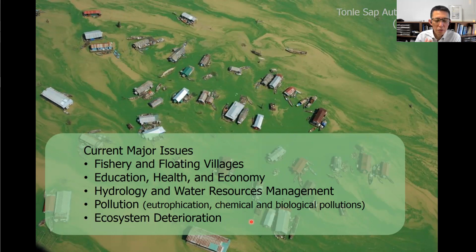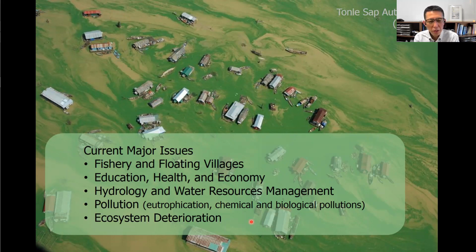If you look at the environmental component, we have some change over time. For example, water resource management is ongoing in Cambodia and also in upstream countries of the Mekong. At the same time, we do have pollution like eutrophication, chemical pollution, and also biological pollution. So overall, the ecosystem is changing. We can say degradation is ongoing.